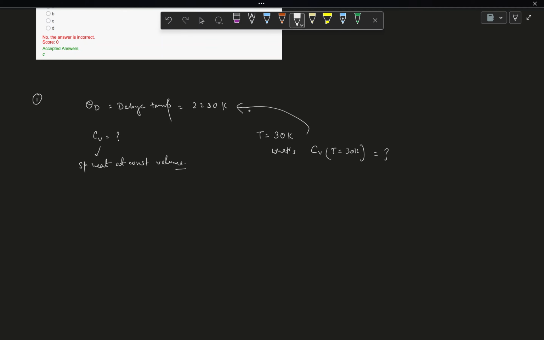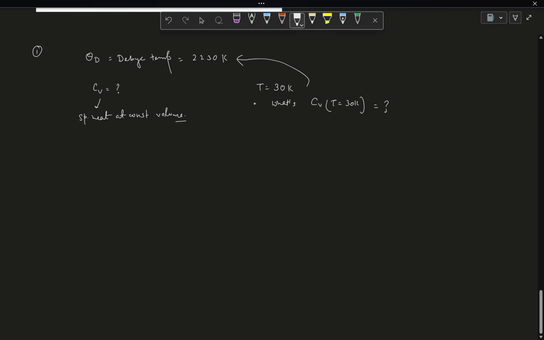Okay, so basically as I said, because this question explicitly mentions the Debye temperature, it will be using Debye's theory of specific heat, which is basically not only Debye's theory independently. Basically it is a combined theory of Einstein and Debye.